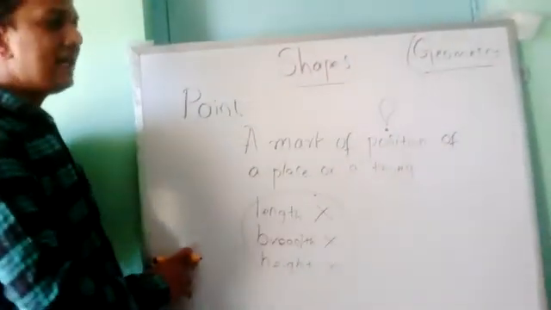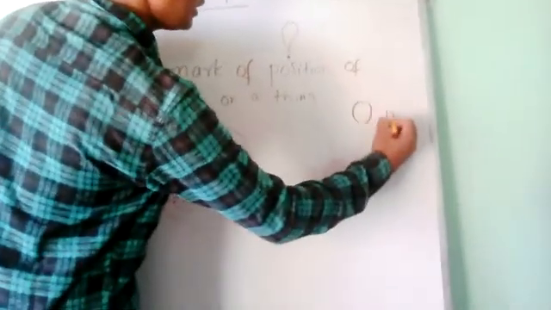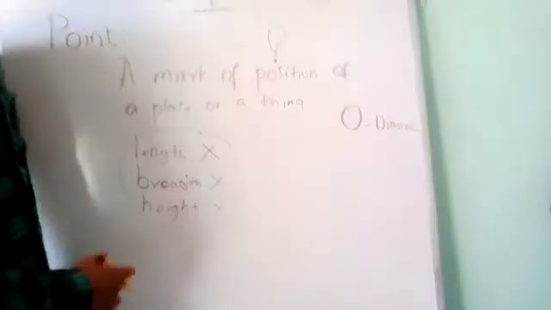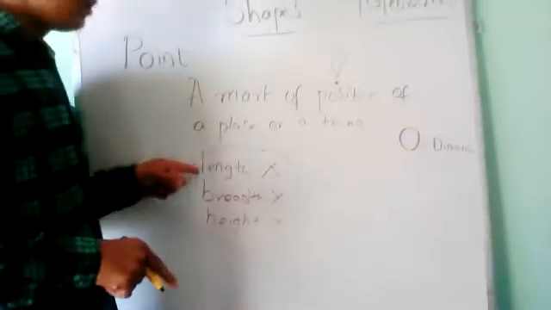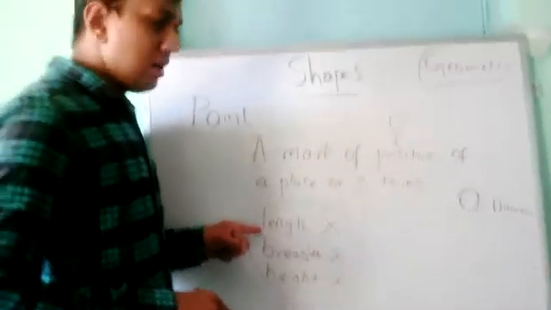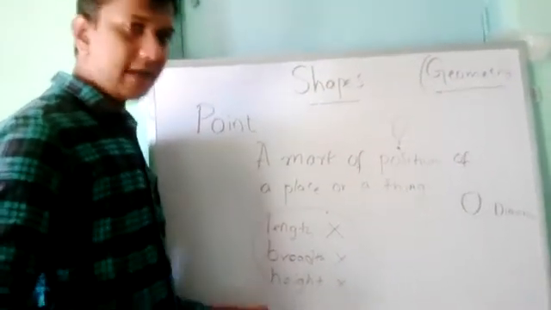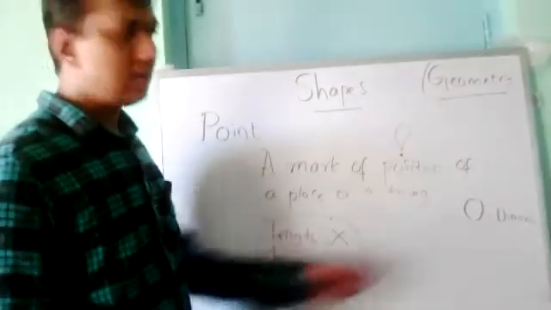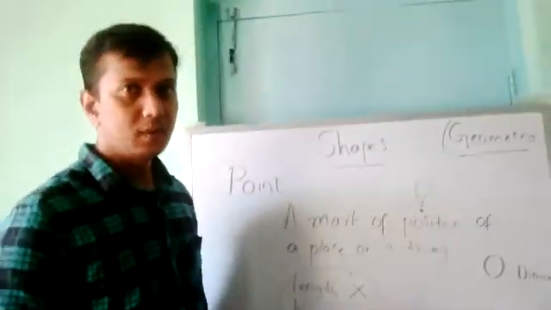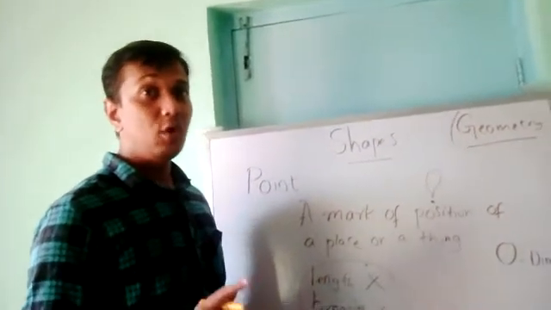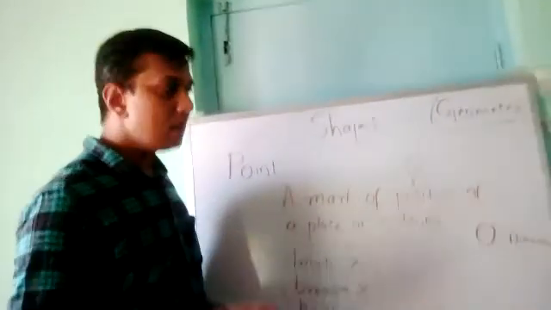So we can say a point is a zero-dimensional object. Length, breadth, height: each one is called a dimension. It doesn't have any dimension, that's why zero dimension. You might have heard the word 3D, 3D movies, 4D movies.